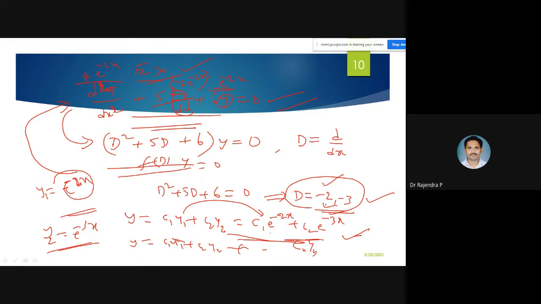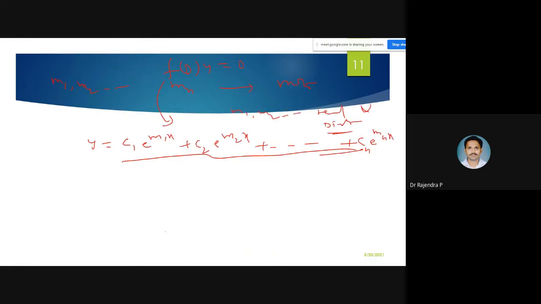When it goes to n roots, what do I have to do? I have to continue the same procedure. That is what I am writing here. Suppose I have n roots like m1, m2 up to mn, then I have to write the linear combination as the solution: y is equal to C1 e power m1x plus C2 e power m2x plus C3 e power m3x and so on.